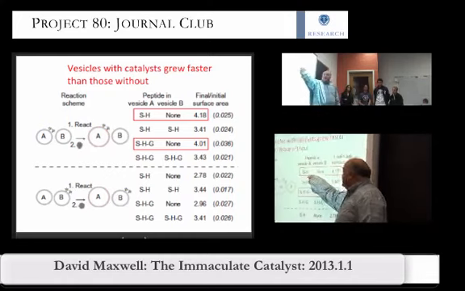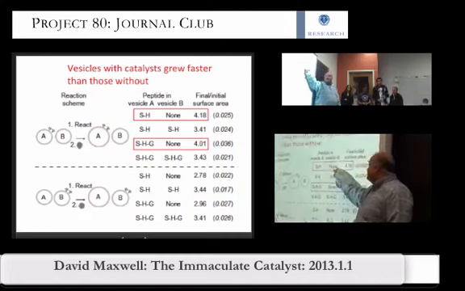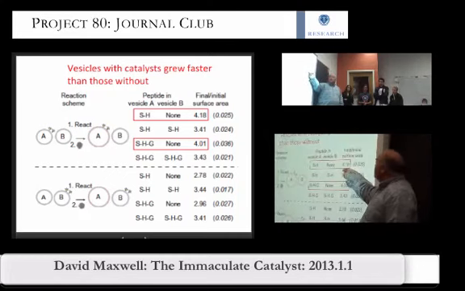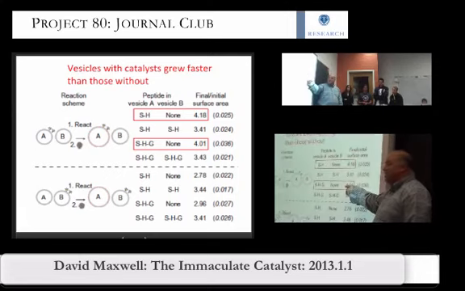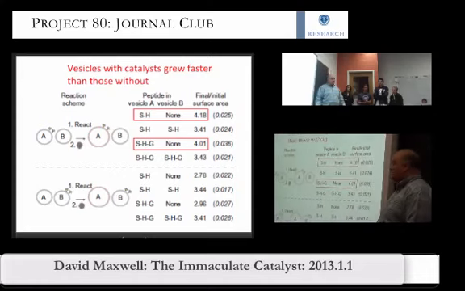And against the vesicle without catalyst, the catalyst vesicle gets more growth. So catalyst against nothing, you get growth. Okay? So they're competing.